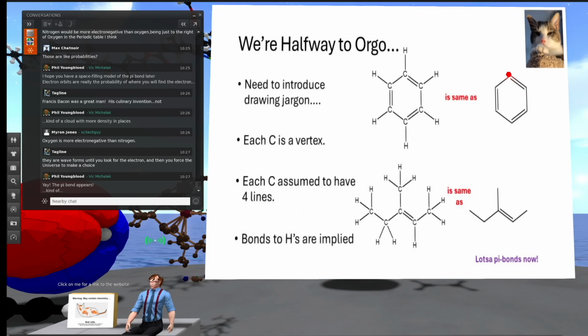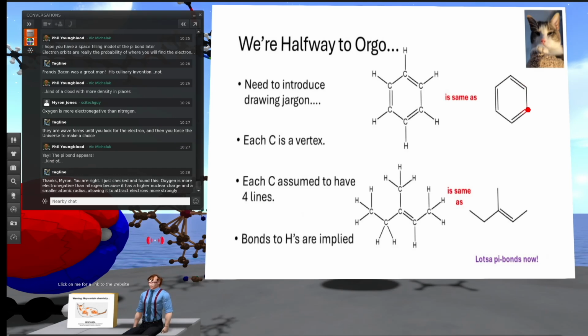Each vertex represents a carbon atom. Each carbon atom is assumed to have 4 bonds. If the bonds aren't explicitly shown, they are hydrogens. Anytime you see this particular carbon I've got the pointer on, it's got a double bond and a single bond. That's 3 lines. There'll be a 4th line to a hydrogen that represents that.